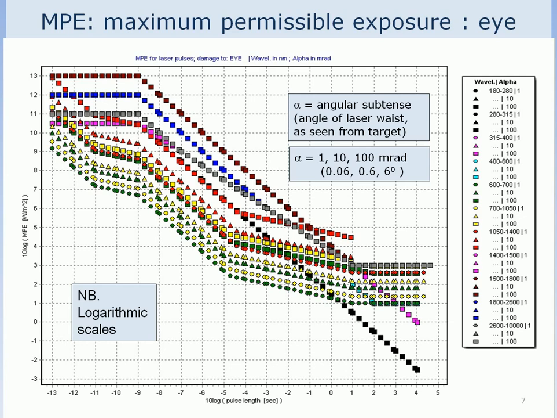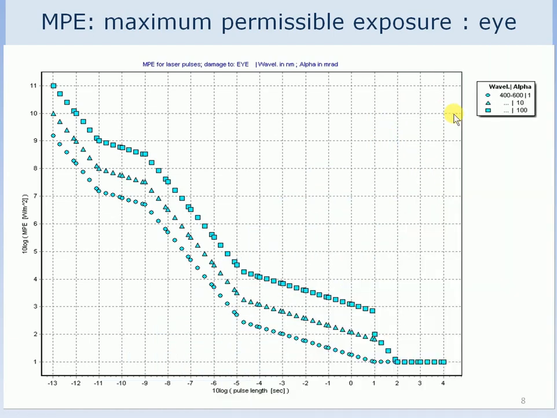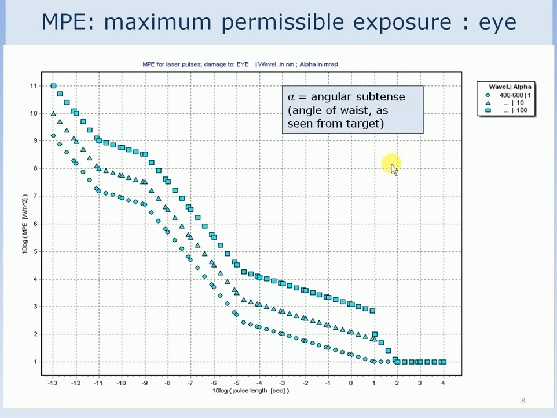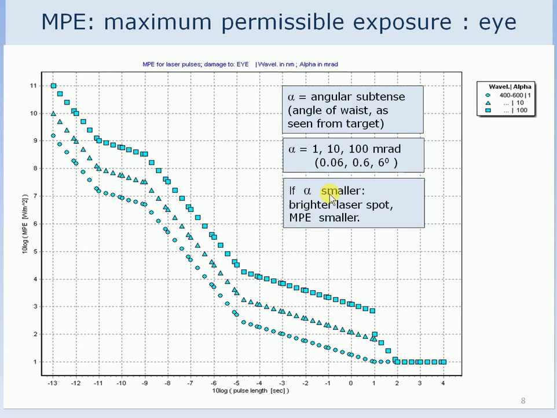And of course there's a difference between the values of the MPE for different angular subtenses, and that can be seen in the next slide for one wavelength type, 400 to 600 nanometers, for 1, 10 and 100 milliradians. And you can see that if alpha is smaller, then the laser spot will be brighter, and then the permissible MPE will be smaller as well. And you can see it here.